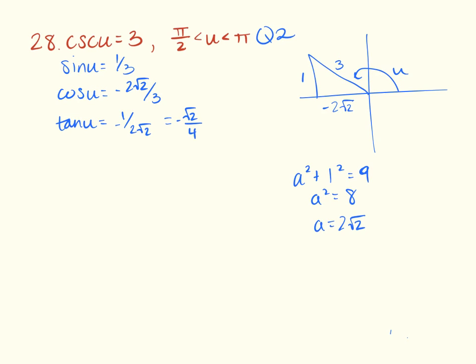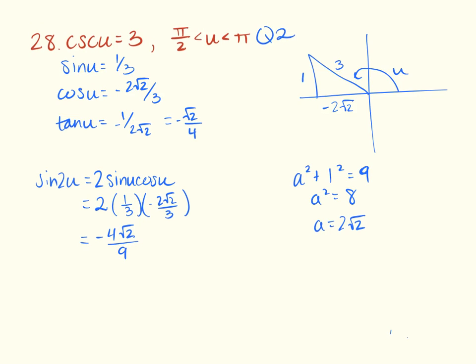Okay, so we still want to find sine of 2u, so we'll start off with that one. We're going to break that up using the formula into 2 sine u cosine u. So this will be 2 times 1/3 times negative 2 root 2 over 3, which is going to be equal to negative 4 root 2 over 9.